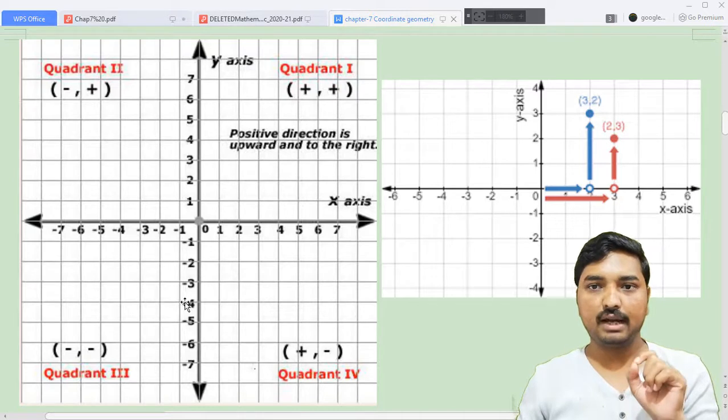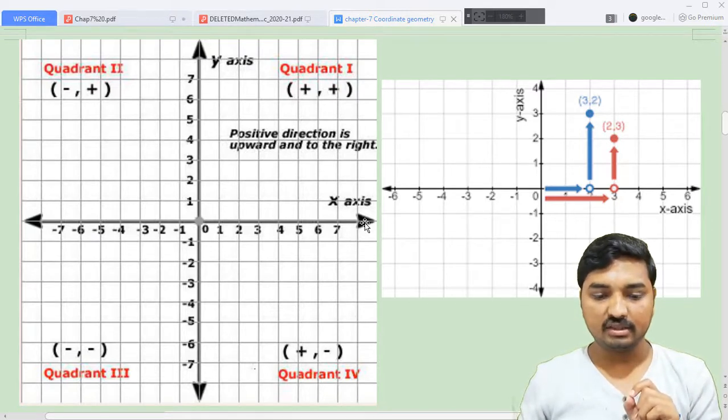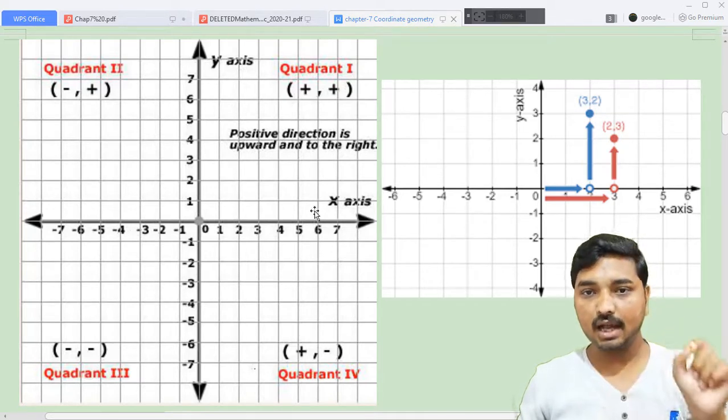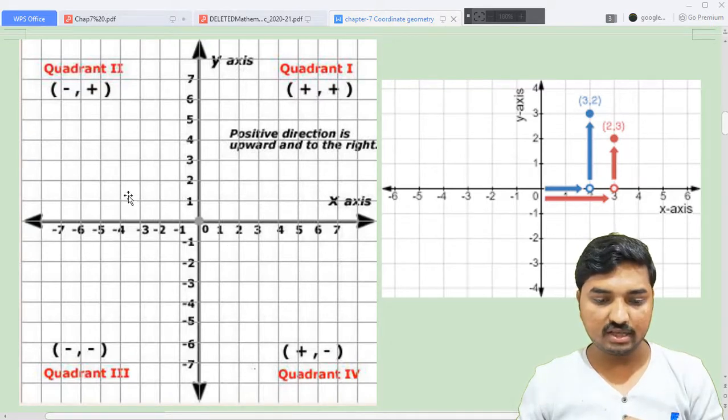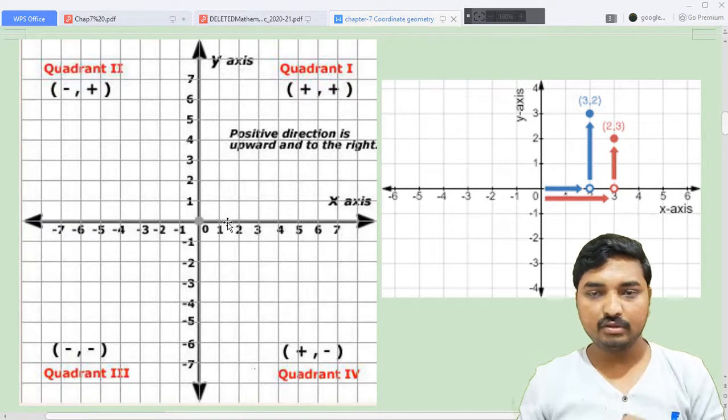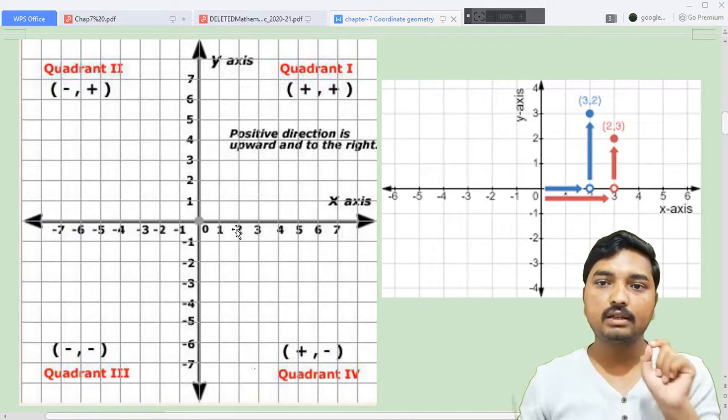For understanding, look here: this is OX, the positive x-axis, and we go from OX in the anti-clockwise direction. Anti-clockwise means you move like this. If you move in this direction, it's called anti-clockwise. If you move from OX, the positive x-axis, in the other direction, it is called the clockwise direction.